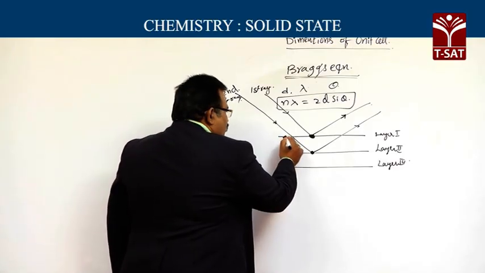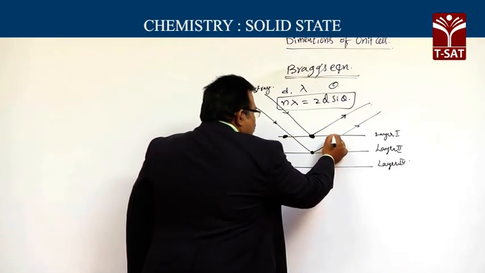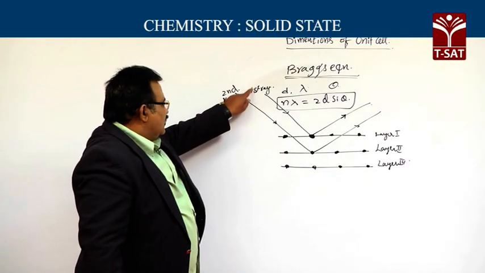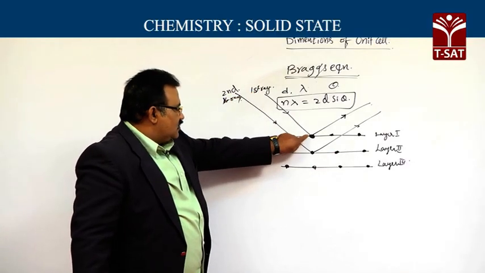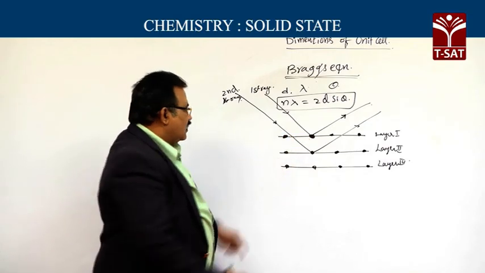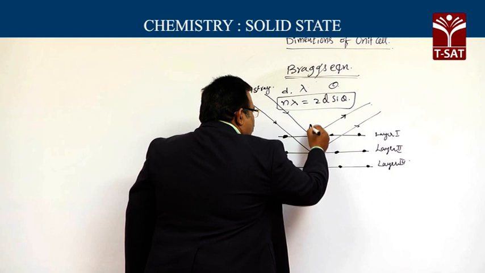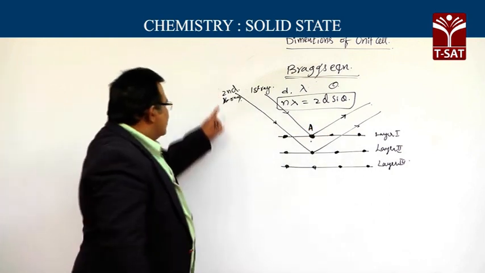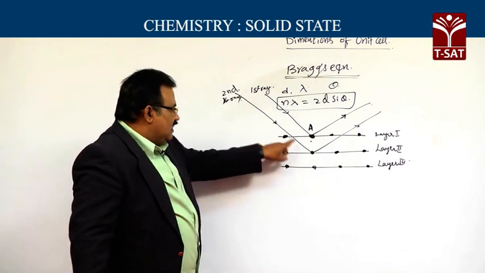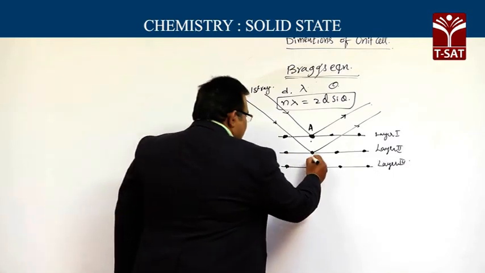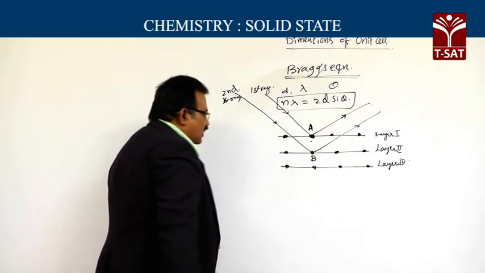Still there are some more spheres in those planes. The first X-ray strikes the face at A and is diffracted at point B. The second X-ray strikes the second layer and is diffracted at point B.